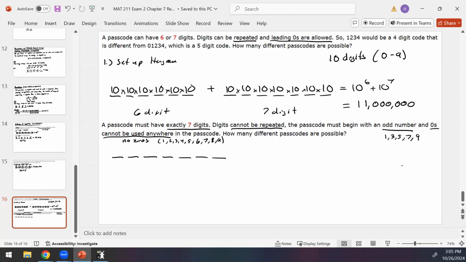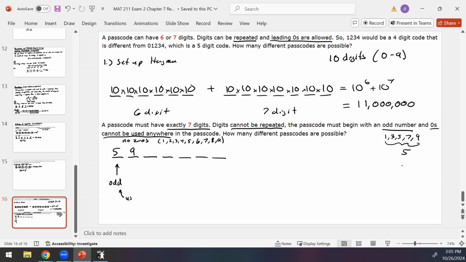Okay. So it says the passcode must begin with an odd number. So this one right here has to be odd. So how many options do I have? I have 5. So then I do 5. But, okay, now it used to be 10 because I had 10 digits, but they said no zero. So now I have 9, right? Except you have to remember, it would have been 9, but we used an odd number already.